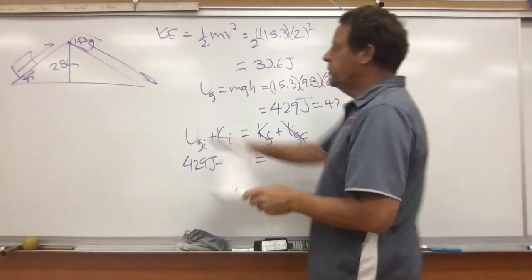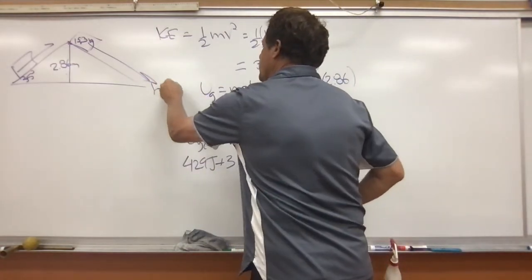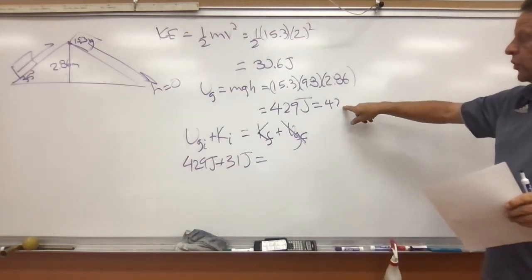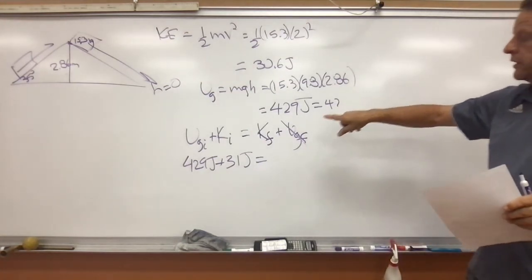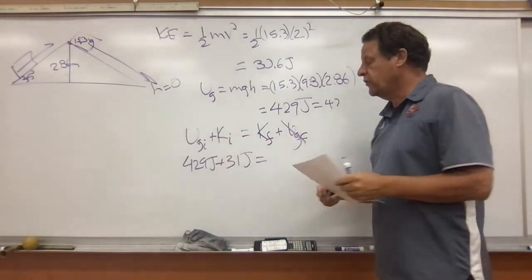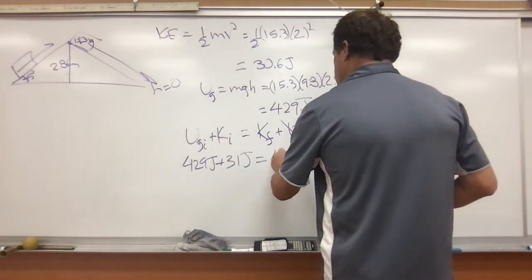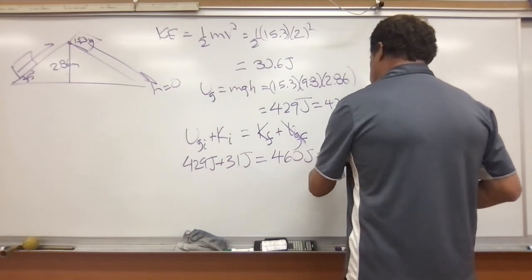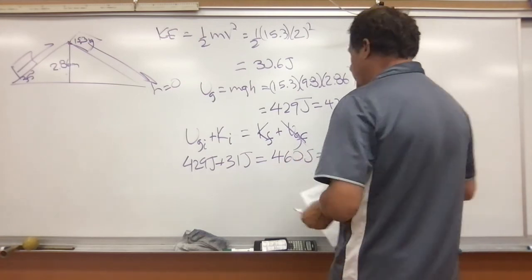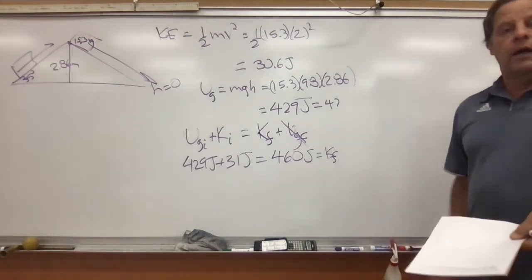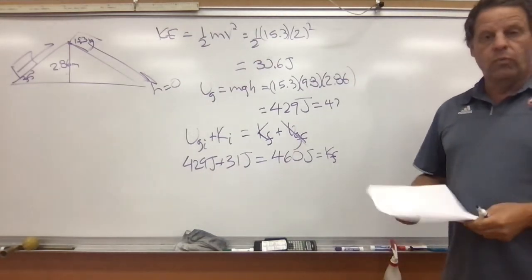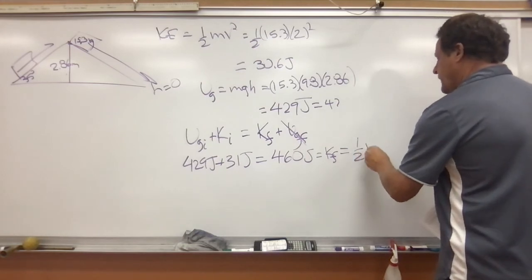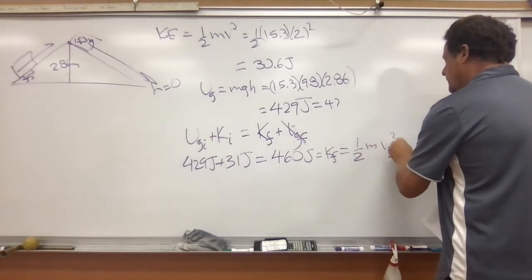Now, because we reached the bottom, h equals 0 right there, our total kinetic energy is going to be the sum of those two, which is going to be 460 joules, our kinetic energy final. So now this right here is then going to turn into 1/2 mv final squared.